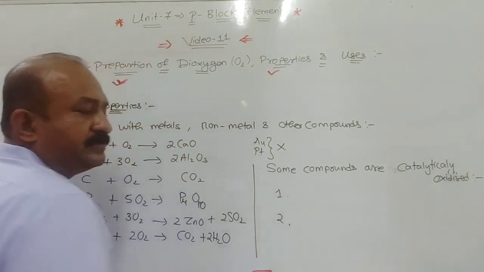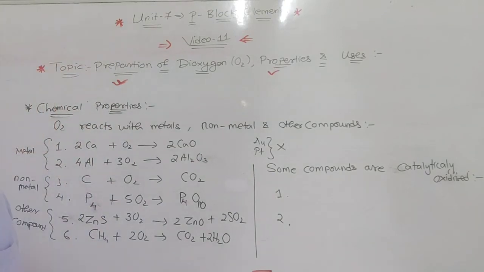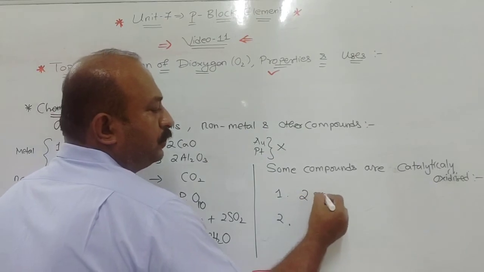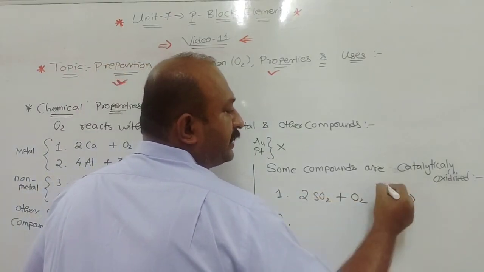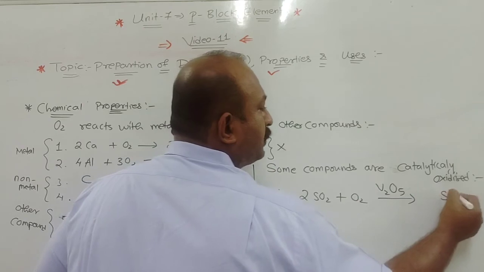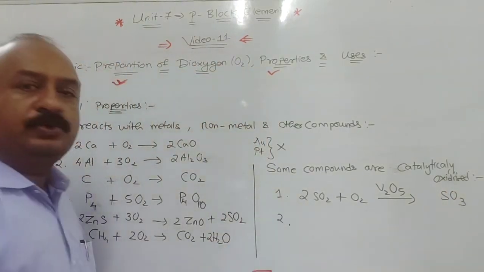When we say catalytically oxidized, there are two reactions given in your textbook. The one is the conversion of SO2 to SO3 in presence of vanadium pentoxide. Conversion of SO2 to SO3.